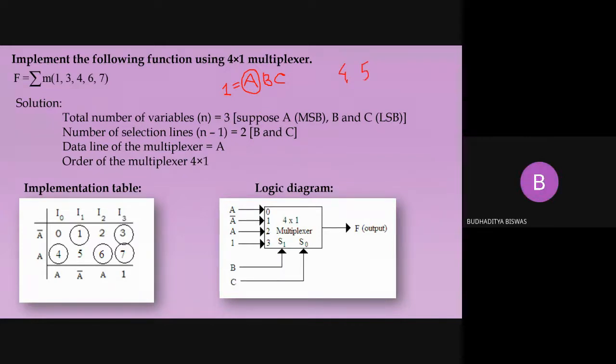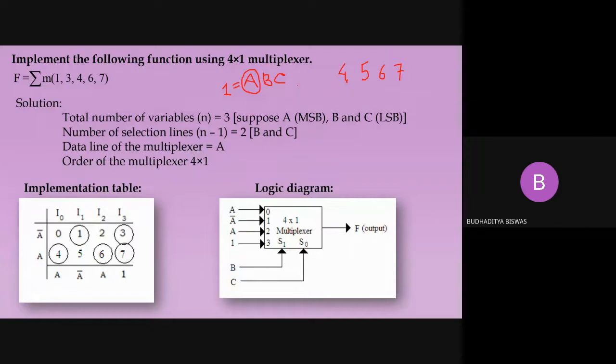So in 4 A is equal to 1, in 5 A is also 1, in 6 A is 1, and in 7 A is 1. So that means a total of 4 minterms can be possible if A is considered as 1. These are M4, M5, M6, M7, or simply 4, 5, 6, 7.